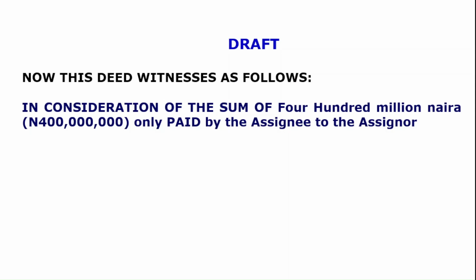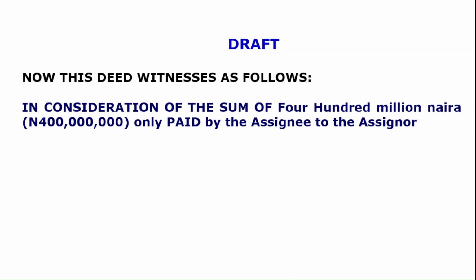So this is how to draft the consideration clause. Take it that you are asked in the exam. If you can memorize this and practice it often, you get your mark straightforward. In consideration of the sum of 400 million naira only, paid by the assignee to the assignor.